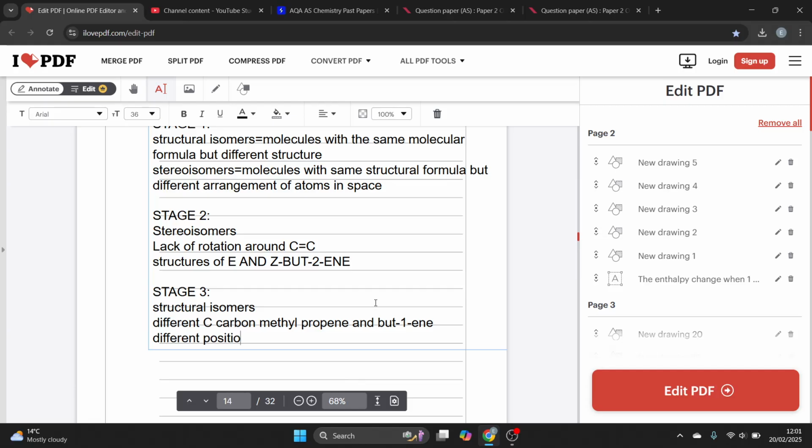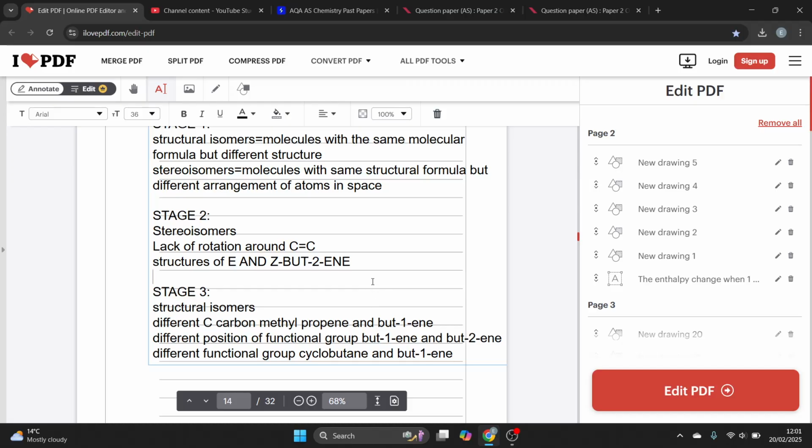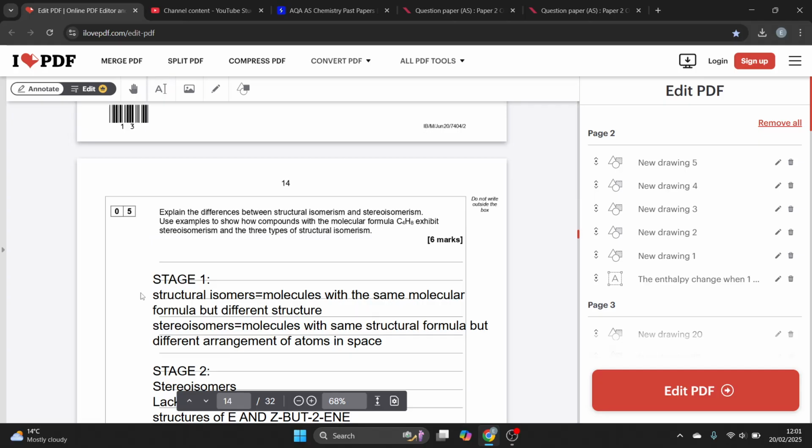The different position of functional group, for example but-1-ene and but-2-ene, and different functional group: cyclobutane and but-1-ene, and so on. But-2-ene, cyclobutane. And this is stereoisomerism and structural isomerism, three types. It's not like it doesn't come up on the A-level papers. It does come up on the A-level papers.